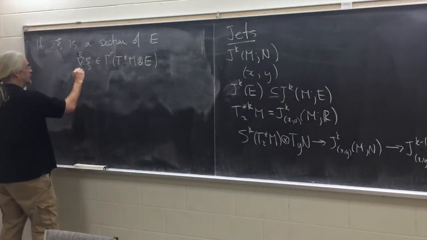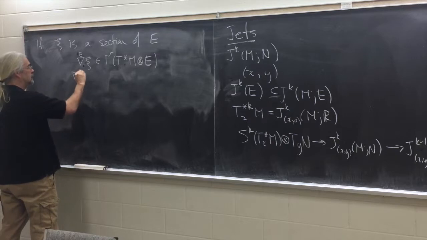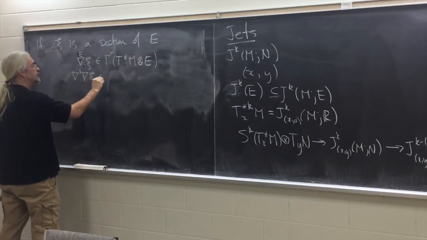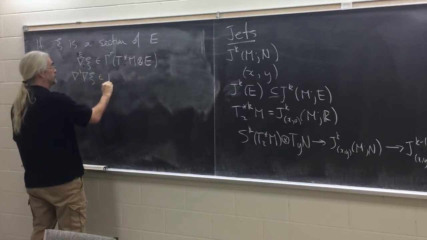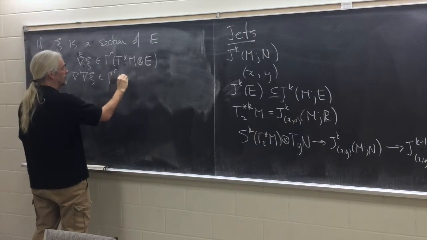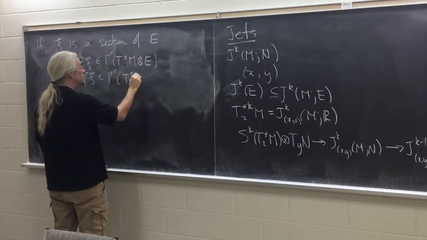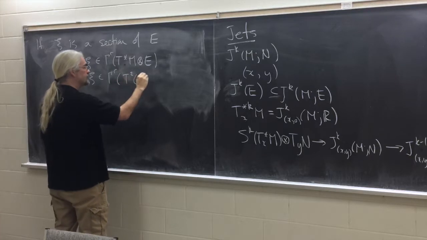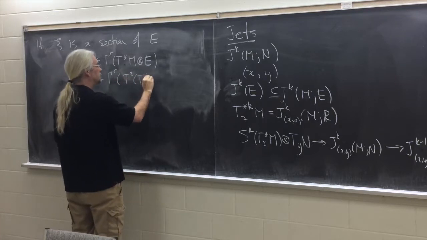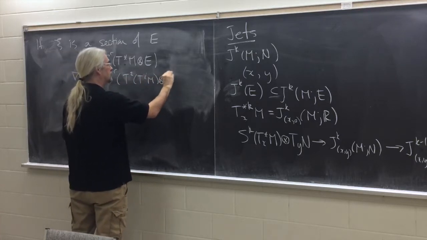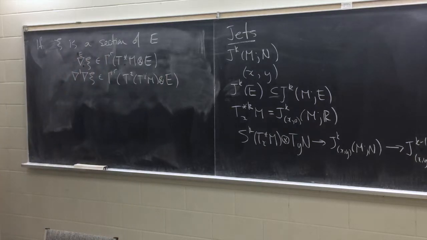So I get nabla^1 nabla^E C. This will now be a section of T^2, the degree 2 tensors of the cotangent bundle, tensor E, like that. Does that make sense?